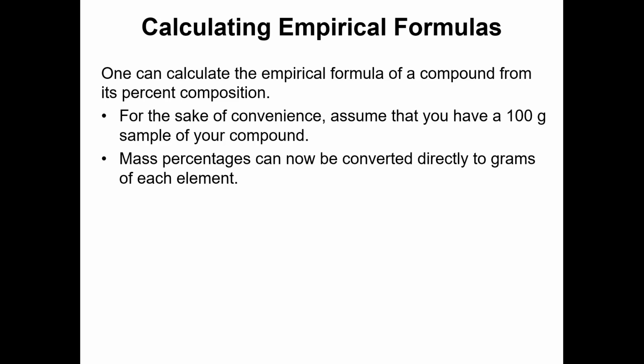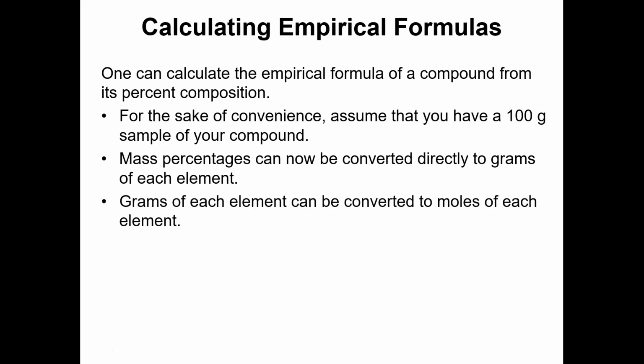It's the same for every other element. Now that you know the mass percentages, if we're starting with 100 grams, we can just convert that directly into grams of each element. Once we know the mass in grams of each of these elements, we can then divide by their molar masses to convert them into moles of each element.